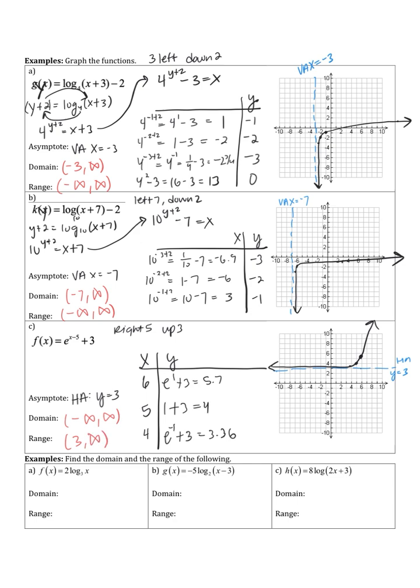All right, so let's use what we know to help us find the domain and the range of the following functions. So right here, I know that we have a log function, okay? And based off the log functions, we know that there's a restriction on the domain, but no restriction on the range. So I immediately know the range is going to be negative infinity to positive infinity.